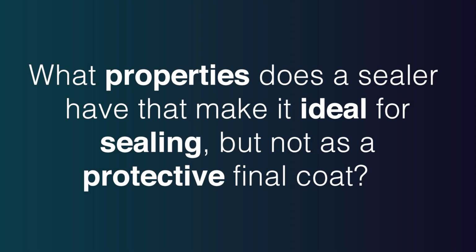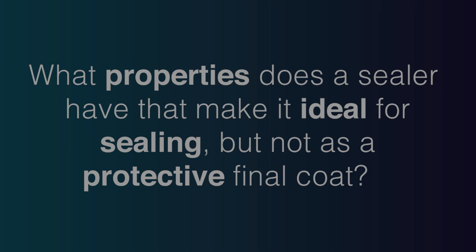What properties does a sealer have that make it ideal for sealing but not as a protective final coat? So typically, in specific top coats, you will see things like silica, which would not be good in a sealer because it would sort of compromise adhesion. Silica will allow the product to have a little bit more resistance to scratching and tarnishing or burnishing.